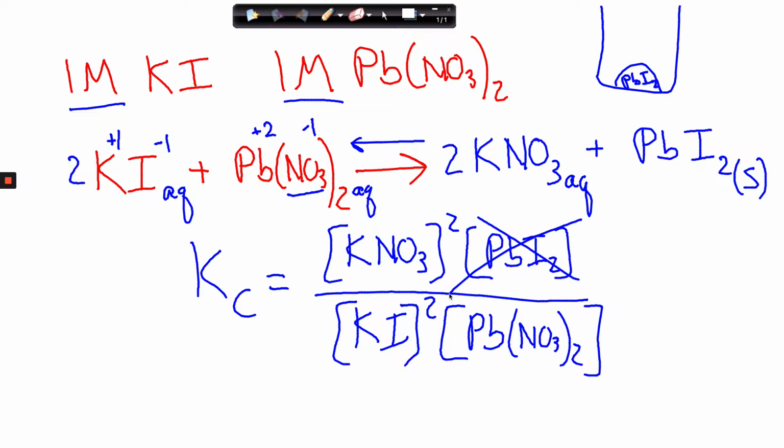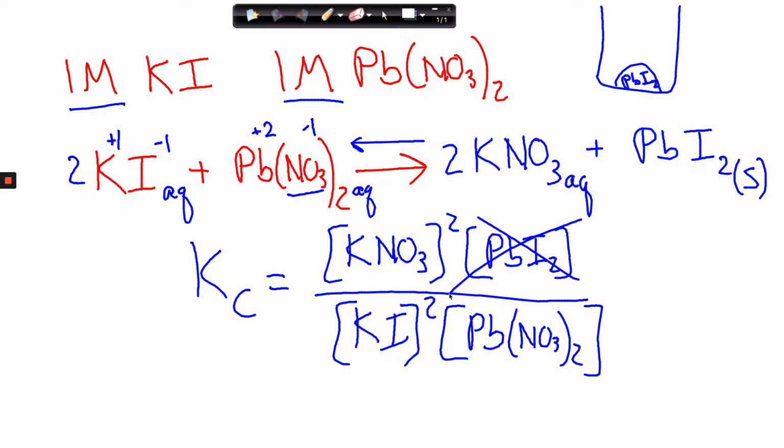But liquids get written out as well, because liquids also don't have molarities. Realize that when we say liquids, we don't mean stuff dissolved in water. We mean liquids.